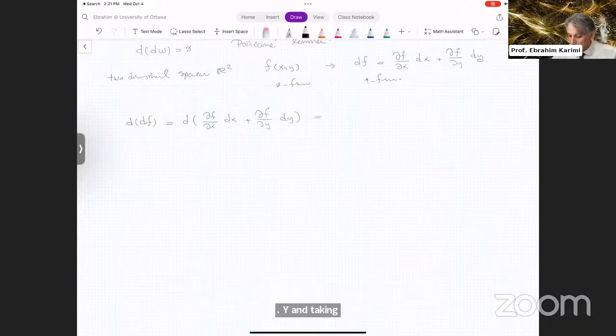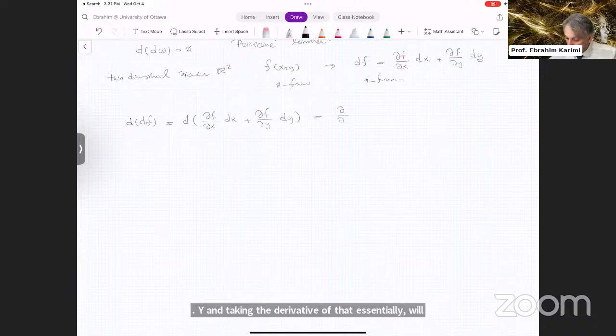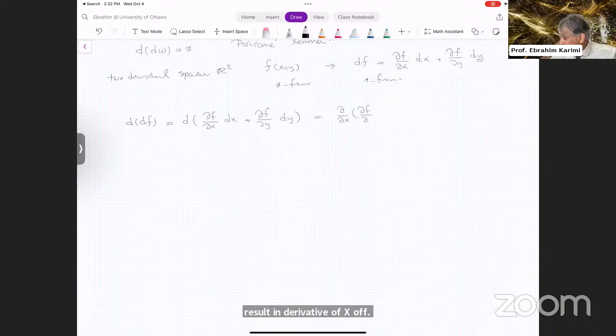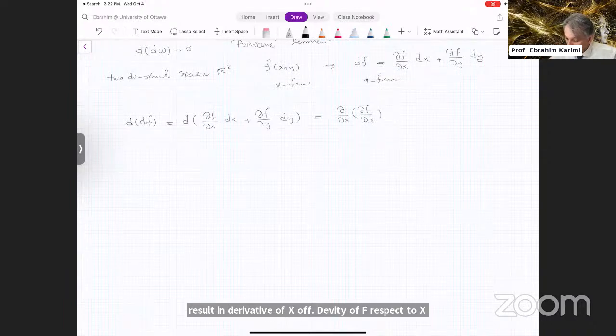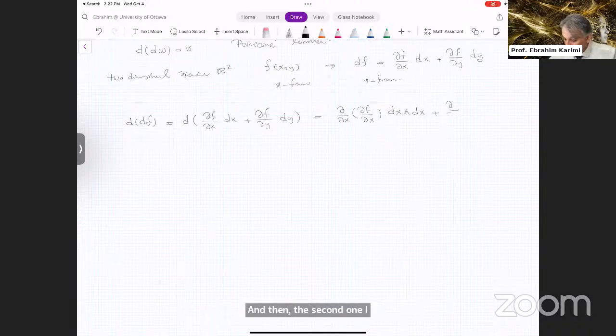Taking the derivative of that will result in the derivative with respect to x of the derivative of f with respect to x, and that will be dx wedge dx, because I'm taking the first derivative with respect to x. And then the second one, I will get the derivative with respect to y of f with respect to x, and then it will be dy wedge dx.